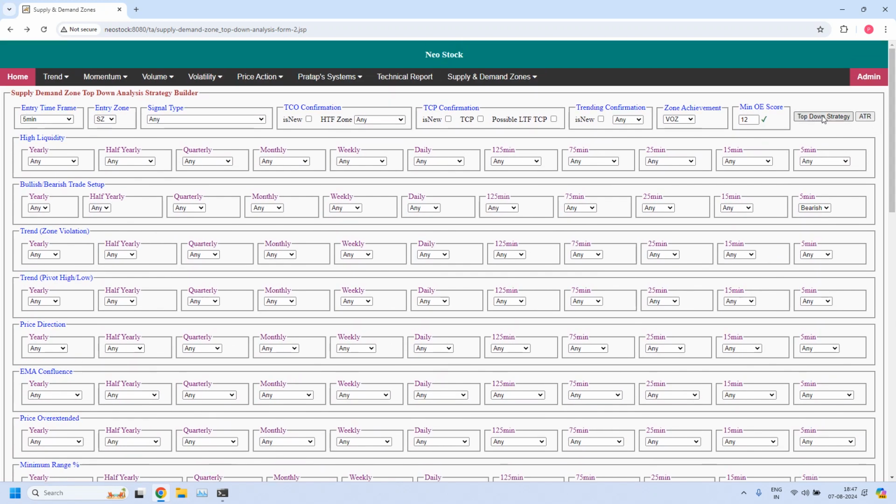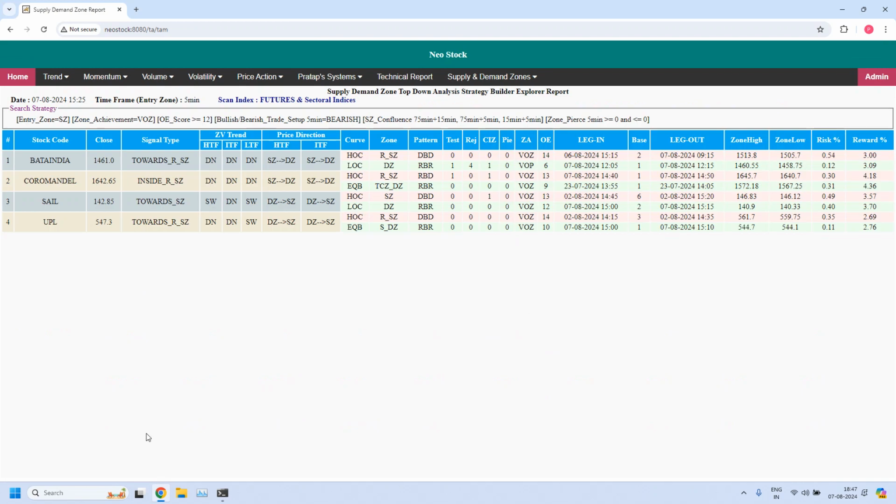Now let us verify the stocks. 4 stocks. So these 4 stocks have confluence even with the HTF time frame, that is 5 minutes, 15 minutes and 75 minutes confluence. So this is about the hourly income trade.